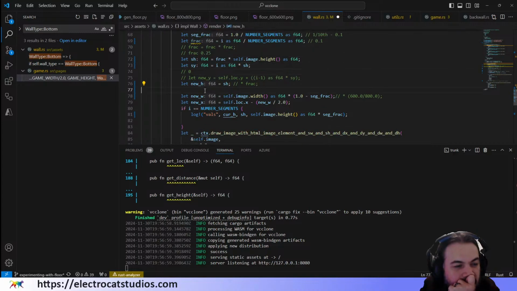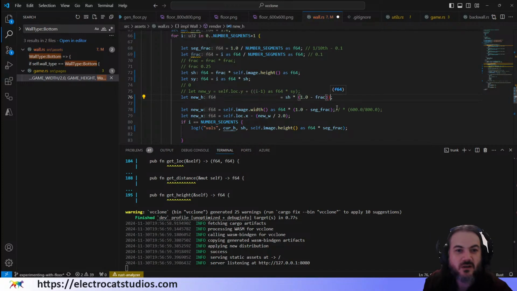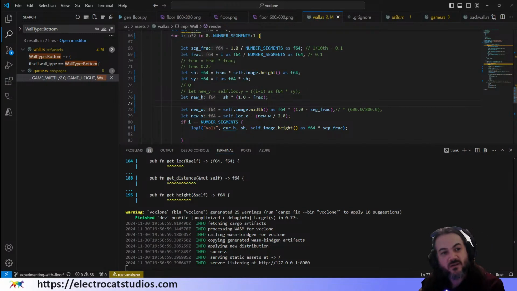The new height is going to be the start height multiplied by the fraction. Does that sound right? Oh no, it should be 1 minus fraction. So it's 1 minus 0, 1 minus 0.1. Yeah, that's the new height.